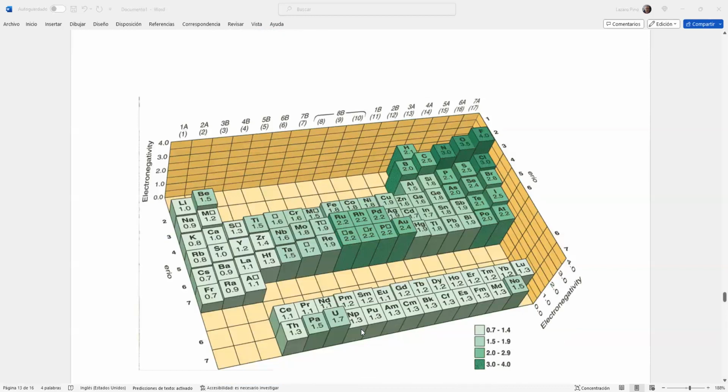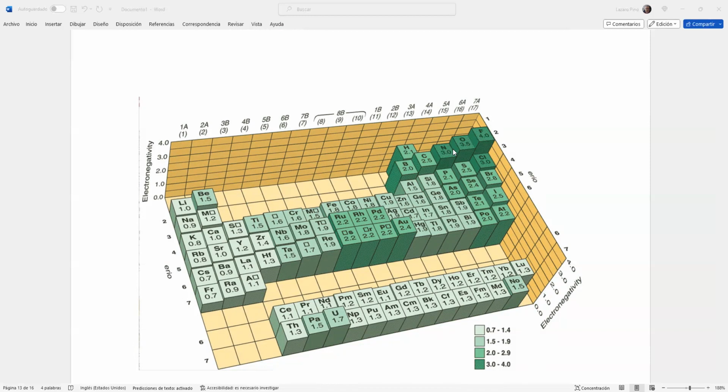In this table, you can observe the electronegativity of every atom. As you can see, fluorine is the most electronegative element, followed by oxygen and by nitrogen. Don't forget these three elements are the most electronegative, because we are going to use this later to explain hydrogen bonds.